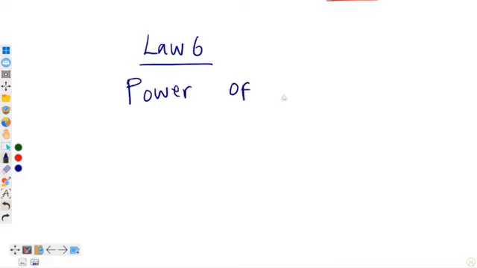So we now come to our law number 6. Law number 6, we are looking at the power of a fraction. What does this mean?